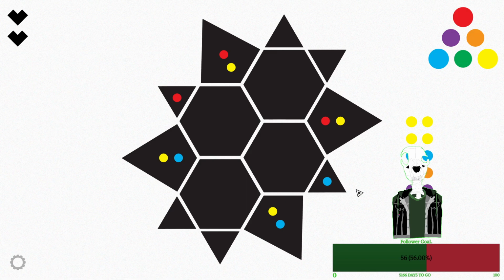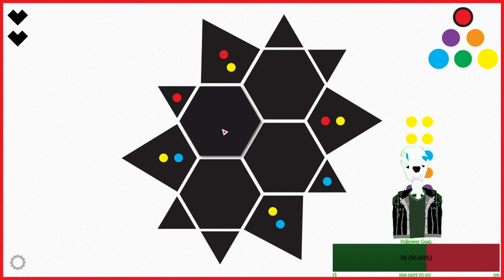There is no green, so this is either blue or purple. And this is either red or purple. And there's no red, so it has to be purple.